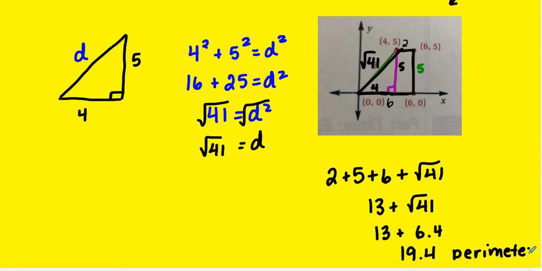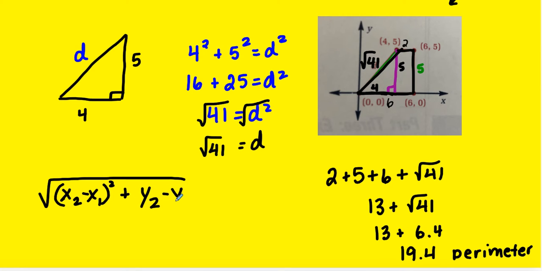Now you can see I used the Pythagorean theorem, but you also noted when you read this section the distance formula. The distance formula basically says to take x2 minus x1 squared plus y2 minus y1 squared, and then take the square root. Well, if you think about this, x2 minus x1 is this distance from 0 to 4.